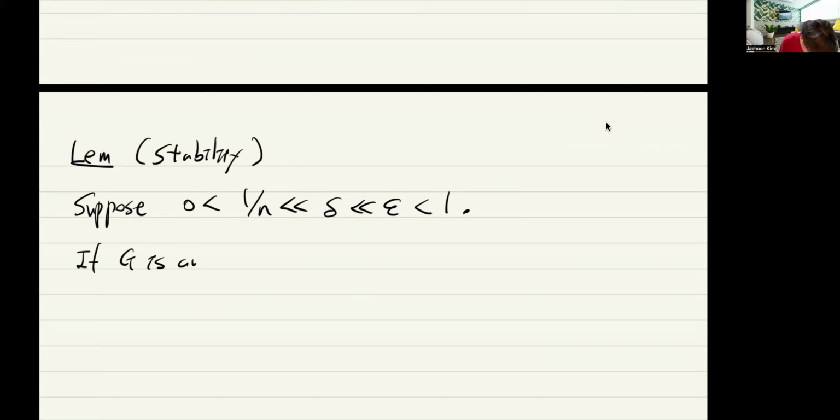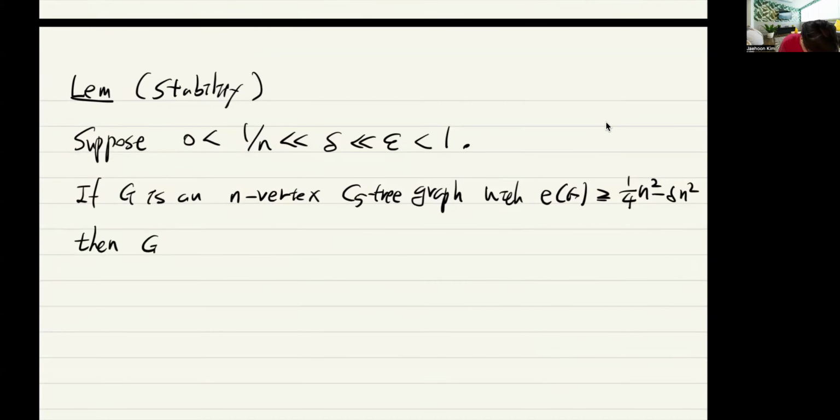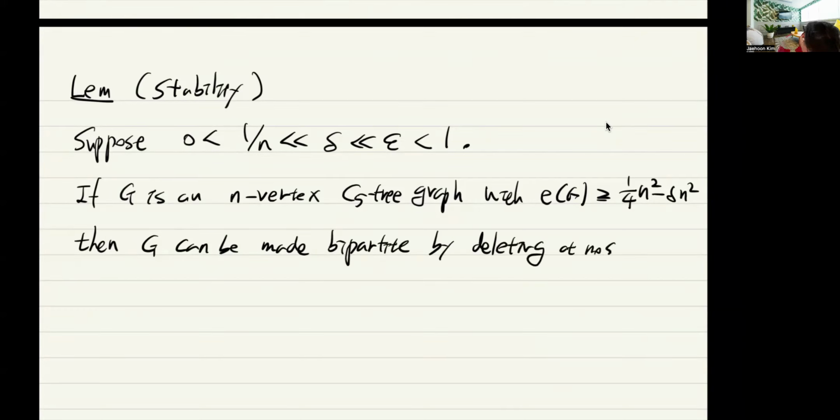If G is an n-vertex C5-free graph with the number of edges being at least quarter n square minus delta n square, then G can be made bipartite by deleting at most epsilon n square edges.